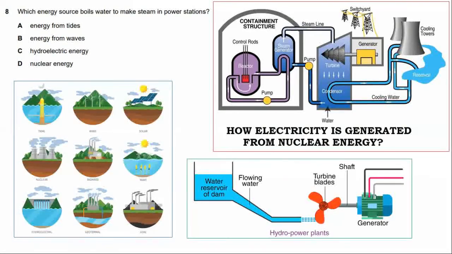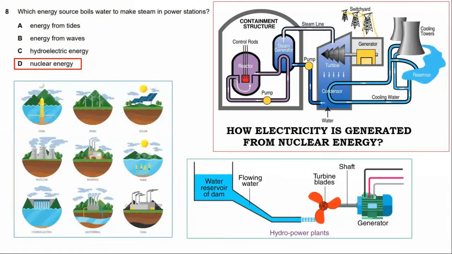In nuclear power also, as I showed in the upper diagram, we have a nuclear reactor which produces heat, and then using that heat, we produce steam. Then that steam is sent through a steam turbine, and the turbine is connected to a generator to produce electricity. So the correct answer for question 8 should be answer D.